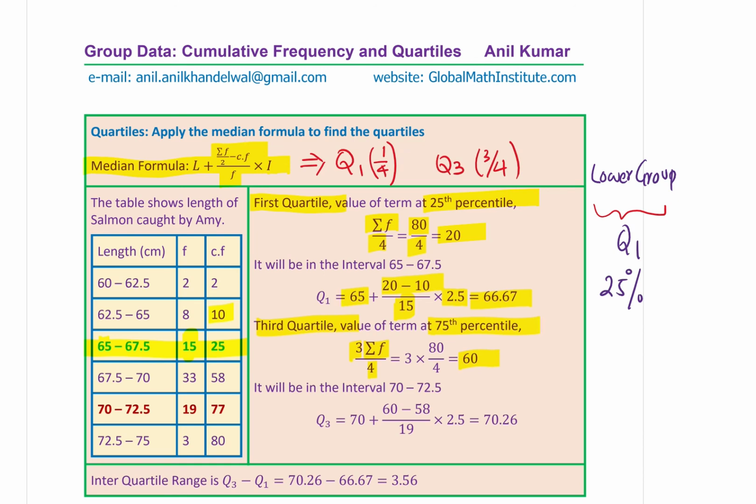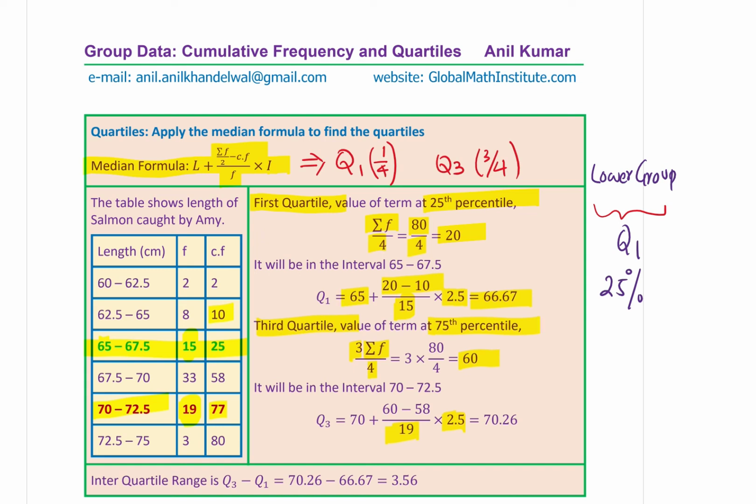Now 60 will lie where? Well, 60 lies within the highlighted group 70 to 72.5. There are 19 total elements in this. So this number 19 comes in the denominator and 2.5 is the interval. So that gives you the gradient, right?